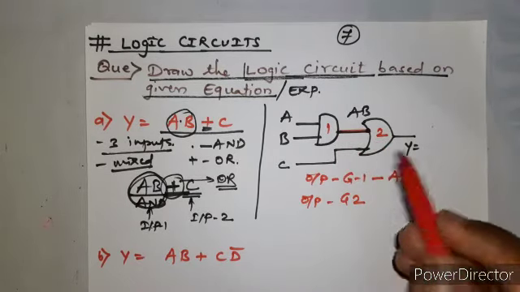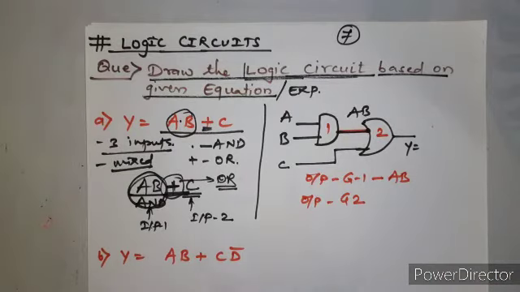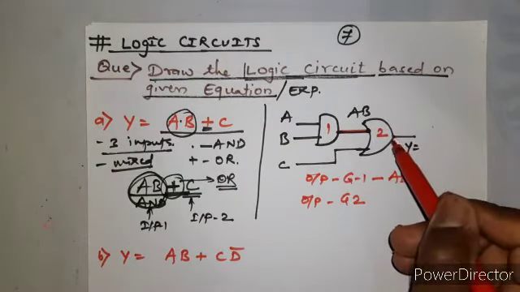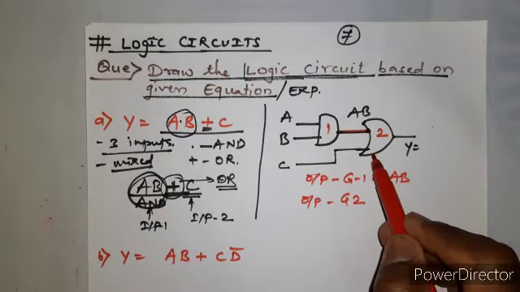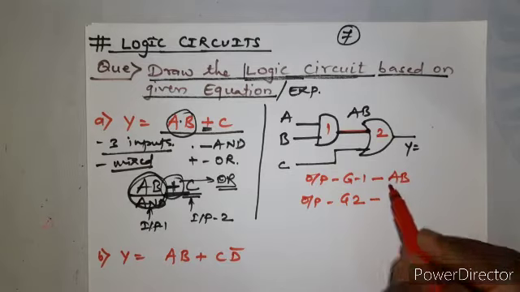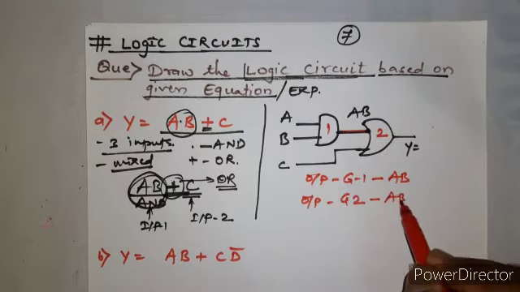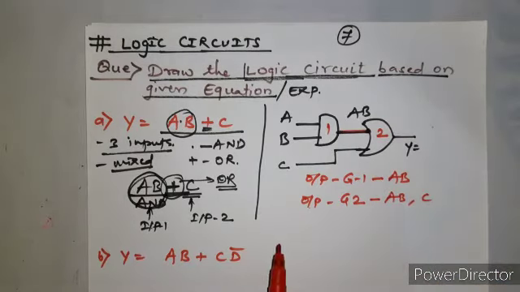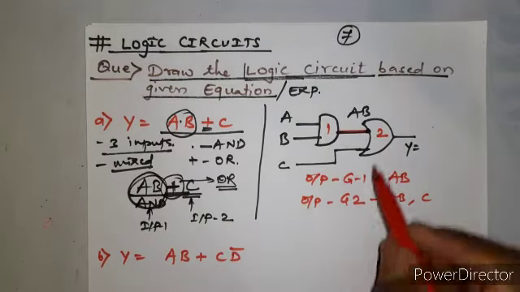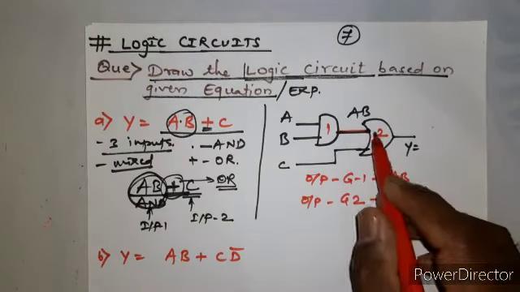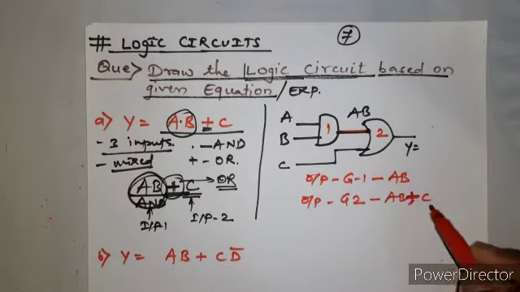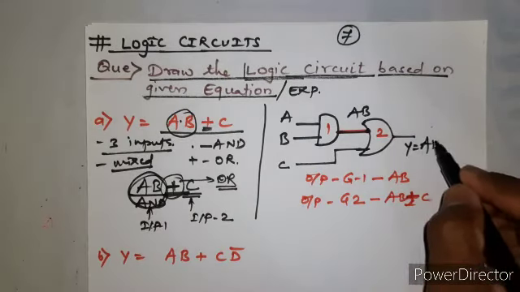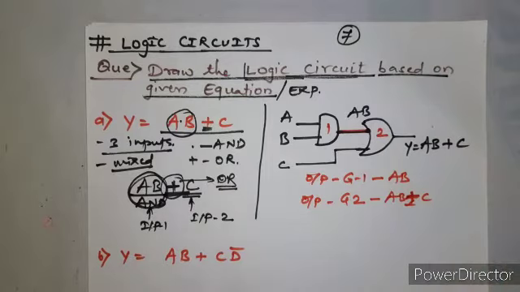So we can have this type of combination also, where the output of one gate is connected to the input of another gate. And then C is directly connected as the second input. So this is A, B and C. Now gate 2 is an OR gate, so I can write down Y equal to A, B plus C.